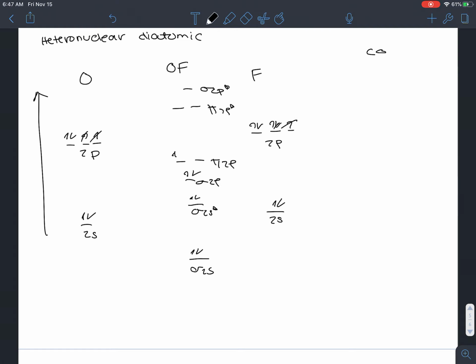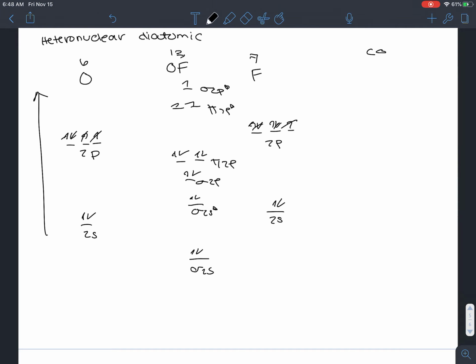You fill your electrons in. No, I think we have one more here. So let's count. I have 6 in oxygen. I have 7 in fluorine. So together, I should have 13.